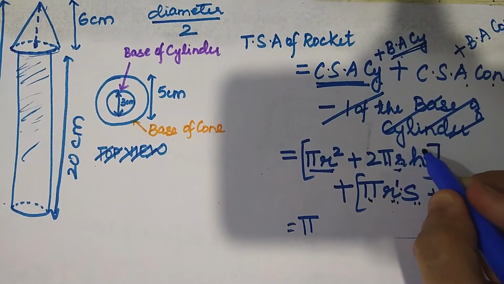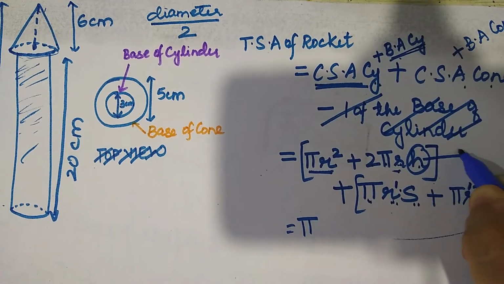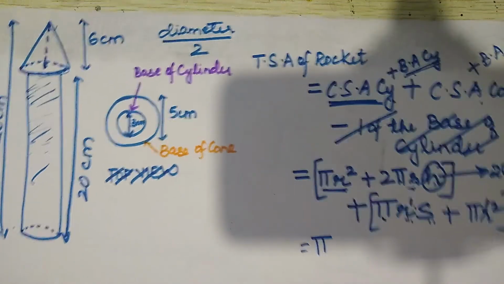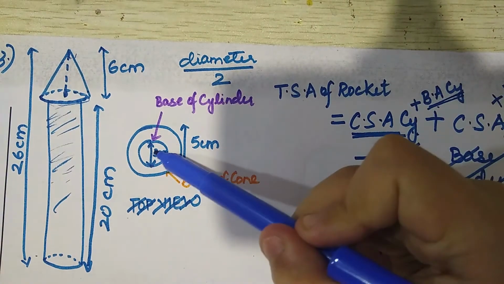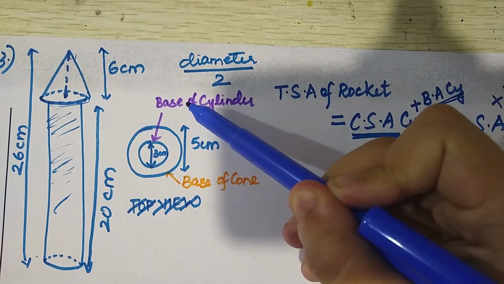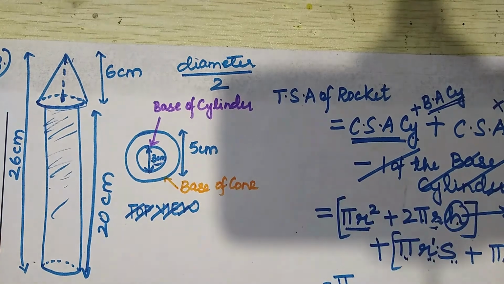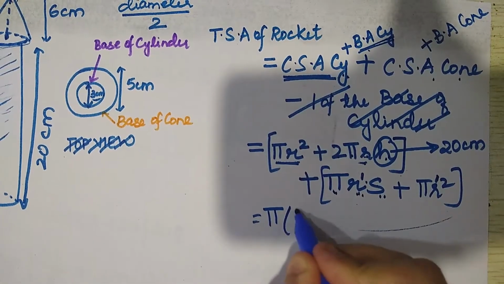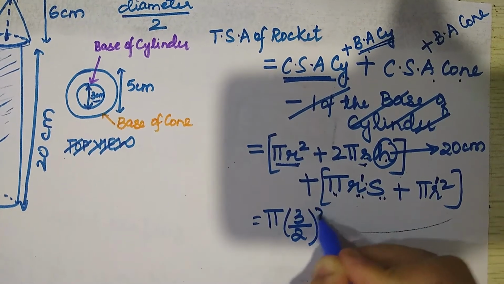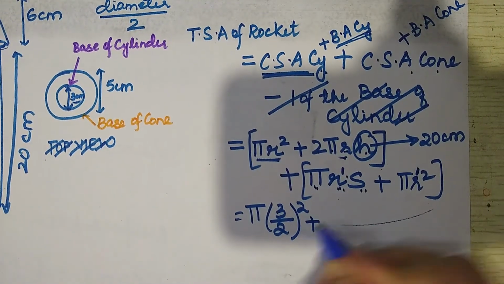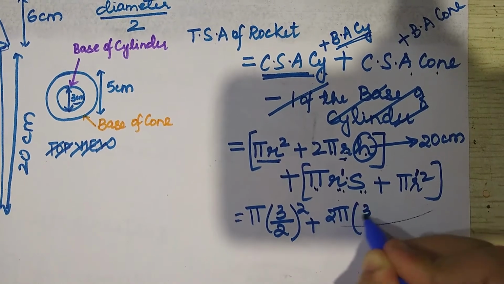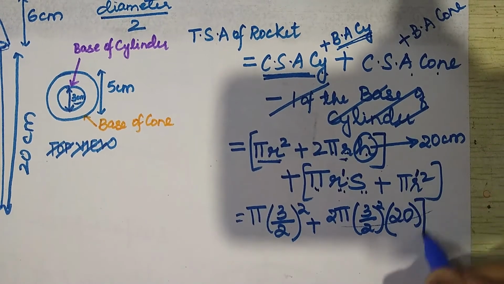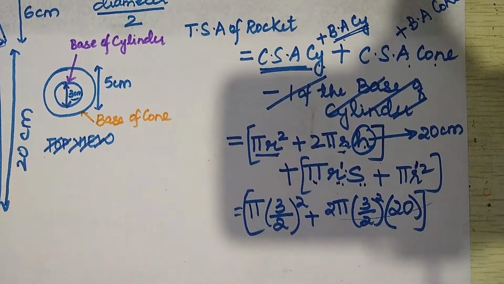Now for the radius, this 3 centimeters is the base of the cylinder, right? If the diameter is 3, then the radius is how much? 3 divided by 2. So the radius should be 3 divided by 2 the whole square. 2 pi into 3 divided by 2 the whole square into height, 20. So this is for the cylinder part.